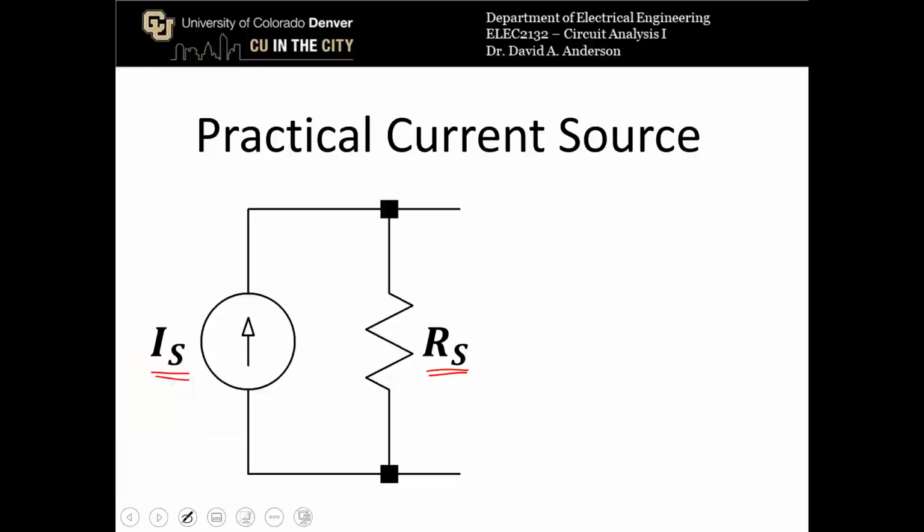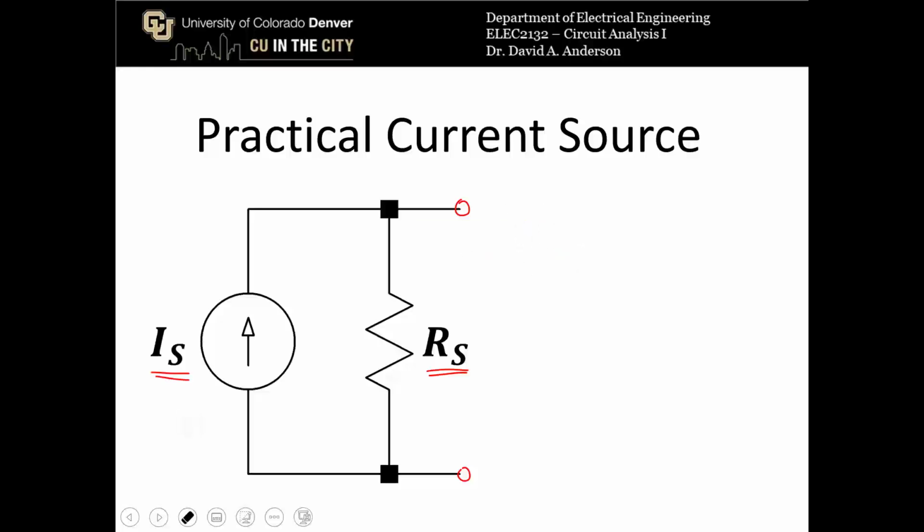So a practical current source like this, when connected to two open terminals, no longer creates an infinite voltage. The voltage instead is I sub S times R sub S.